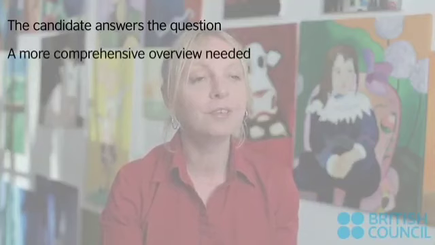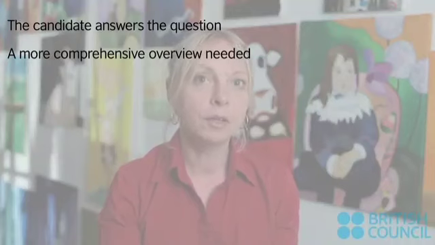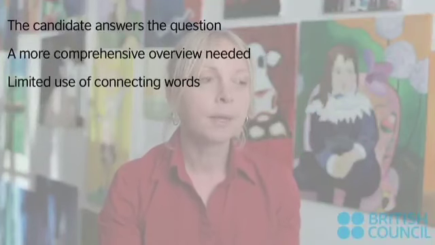The examiner has said that the task itself has been fulfilled. The candidate has addressed the requirements of the task, but the overview, which is in the final paragraph, could have a little bit more detail. The candidate has used some connecting words like but, though not a wide range.